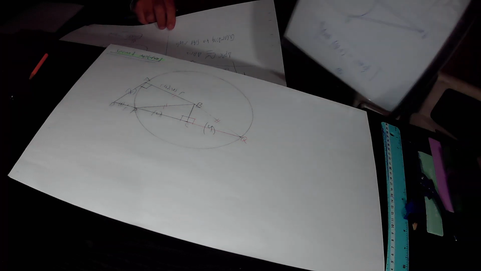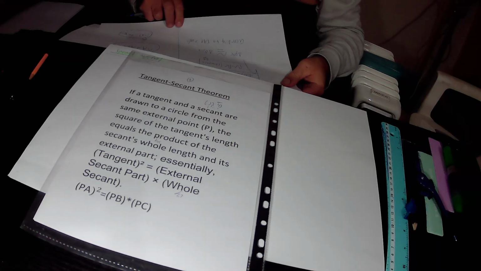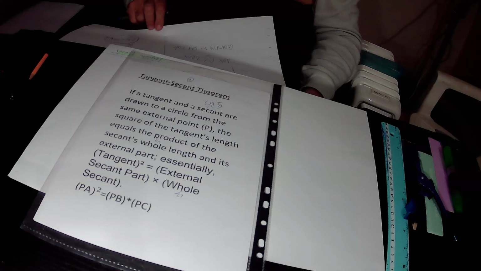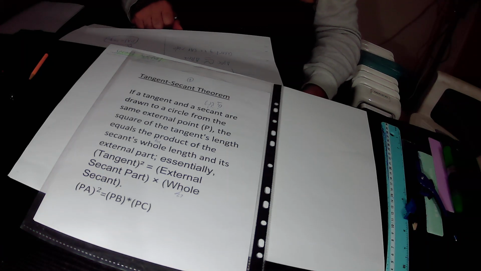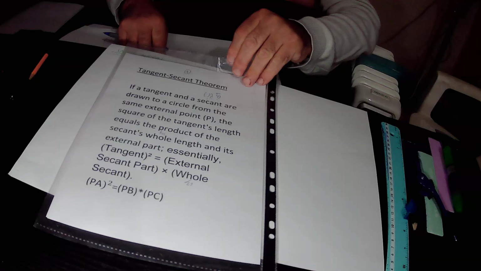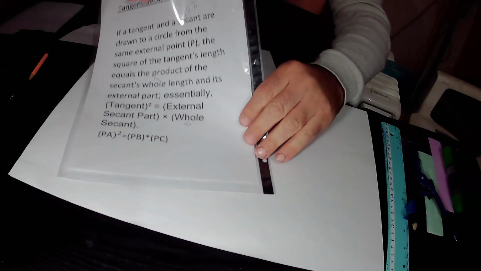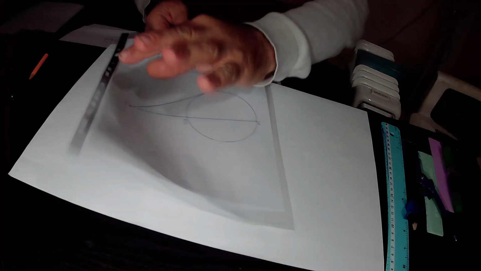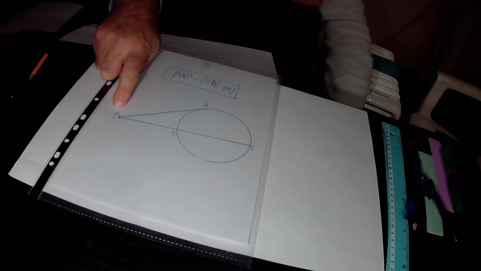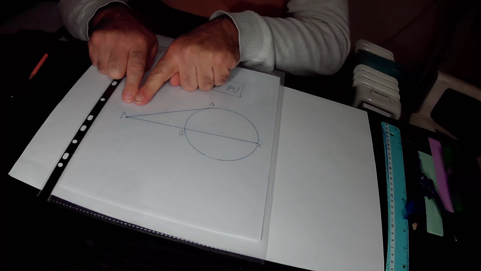So specifically on the tangent secant theorem, according to the tangent secant theorem, if a tangent and a secant are drawn to a circle from some external point, this is the common external point P. From the common external point P, we have tangent PA, and also secant PC.